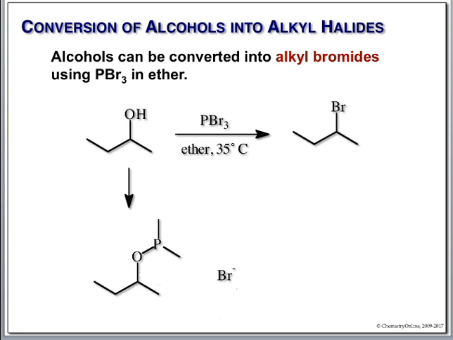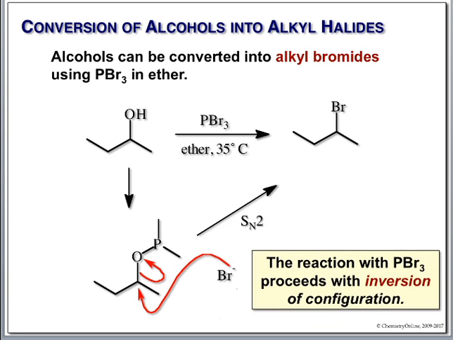Now, this, once again, is what we call a leaving group, isn't it? Br minus is a nucleophile. Leaving group, nucleophile, think SN2 reaction. Now, what do we know about SN2 reactions? Chapter 5.